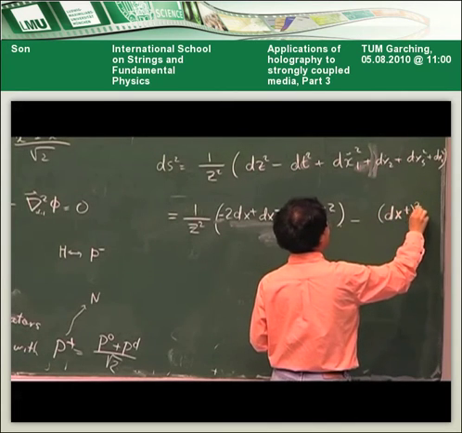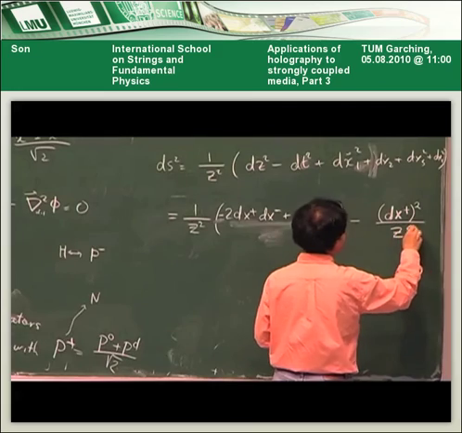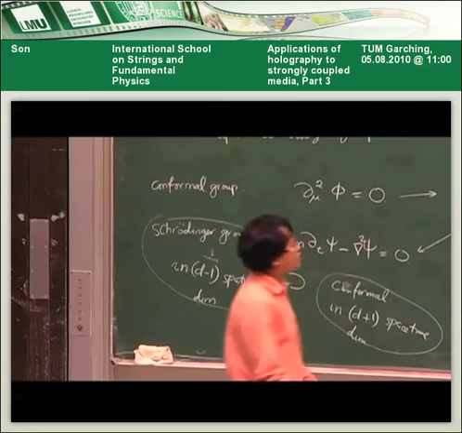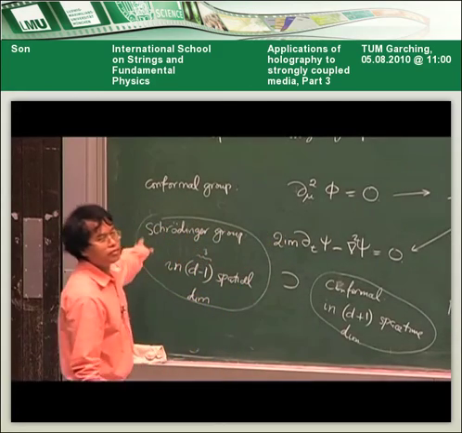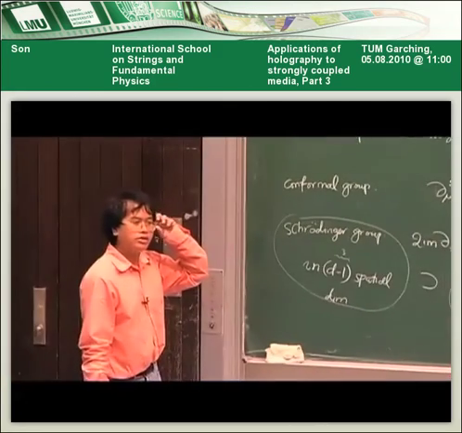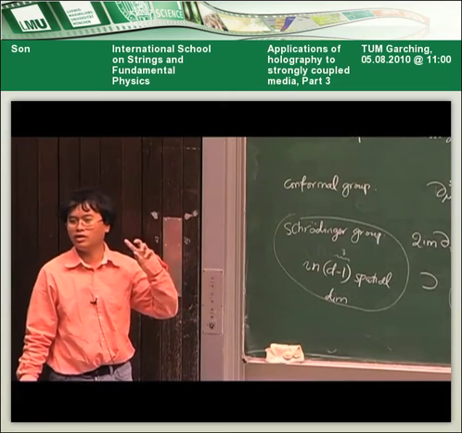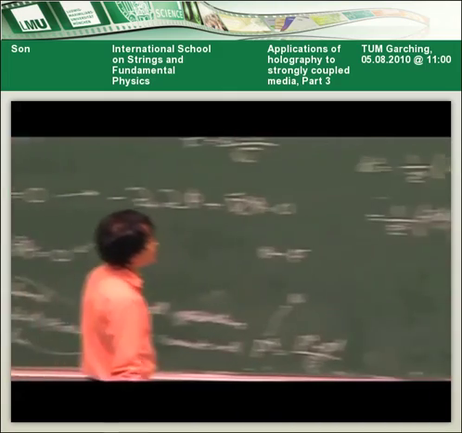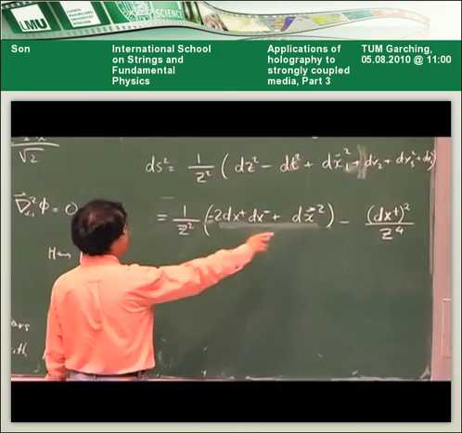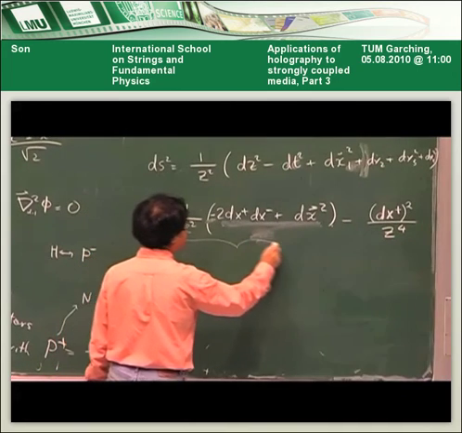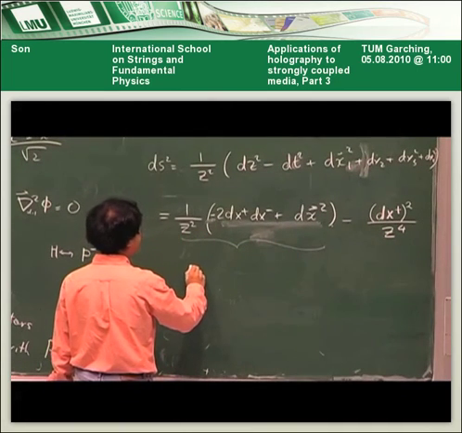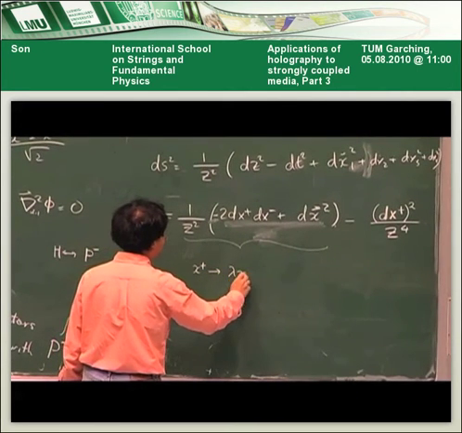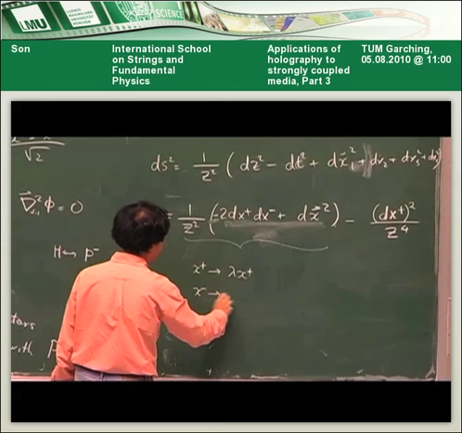By trial and error, you can see that this space-time actually has exactly the symmetry of the Schrödinger group. You can first check that the non-relativistic scaling is realized. How the scaling is realized is here: if we take only this piece, then it is invariant under the following transformation. You can rescale all the coordinates by the same amount.